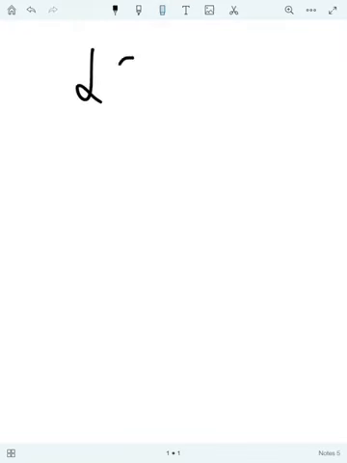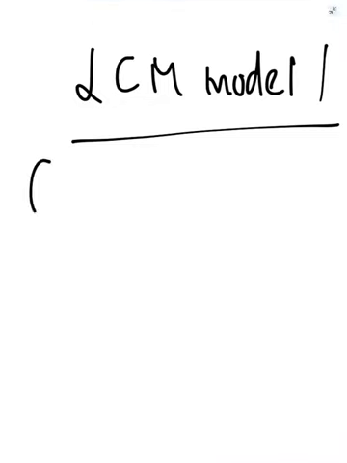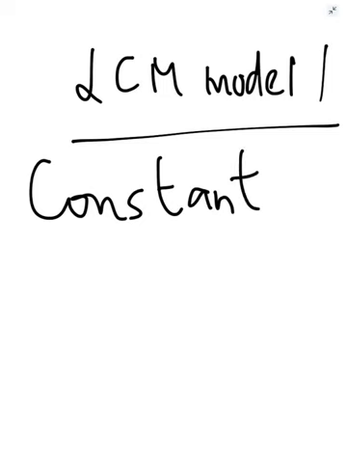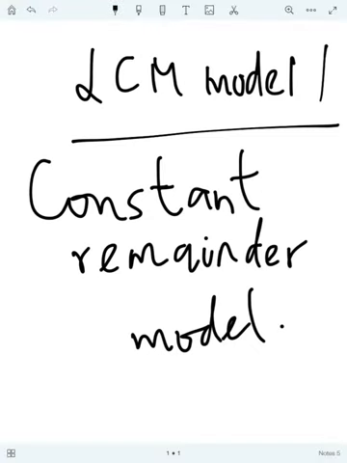So first we will study about the LCM model 1. This is also called constant remainder model. So the name of this LCM model 1 is constant remainder model.